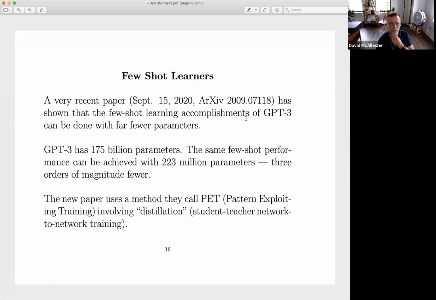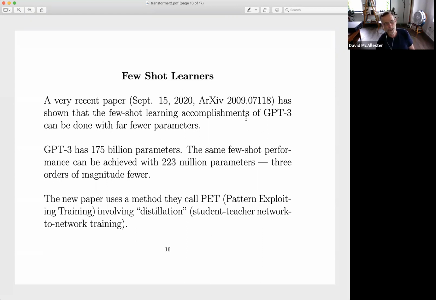A very recent paper, just a few weeks ago, remember that GPT-3 is 175 billion parameters. People really decided to push on that. There's something called GShard, which is up to 500 billion parameters, and teraparameter models are happening.